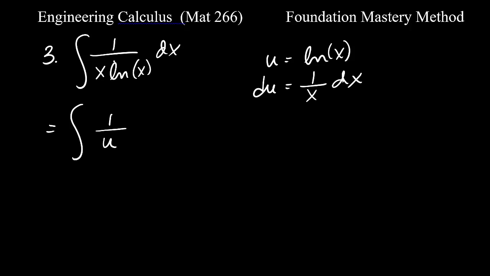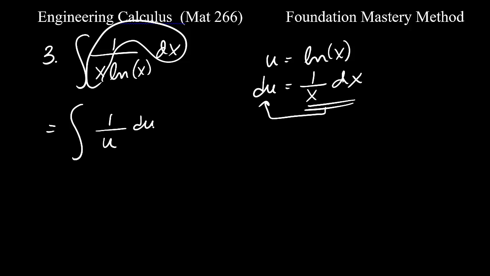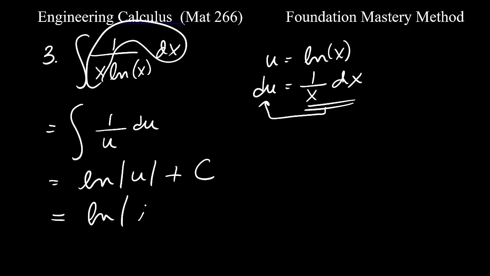If we look at what's remaining, we'll see that what's remaining is actually 1 over x dx, which is identical to du. So now we're looking at the integral of 1 over u du, which is the natural log of the absolute value of u plus a constant of integration. And then finally, doing a back substitution, instead of u, we replace u with ln of x.